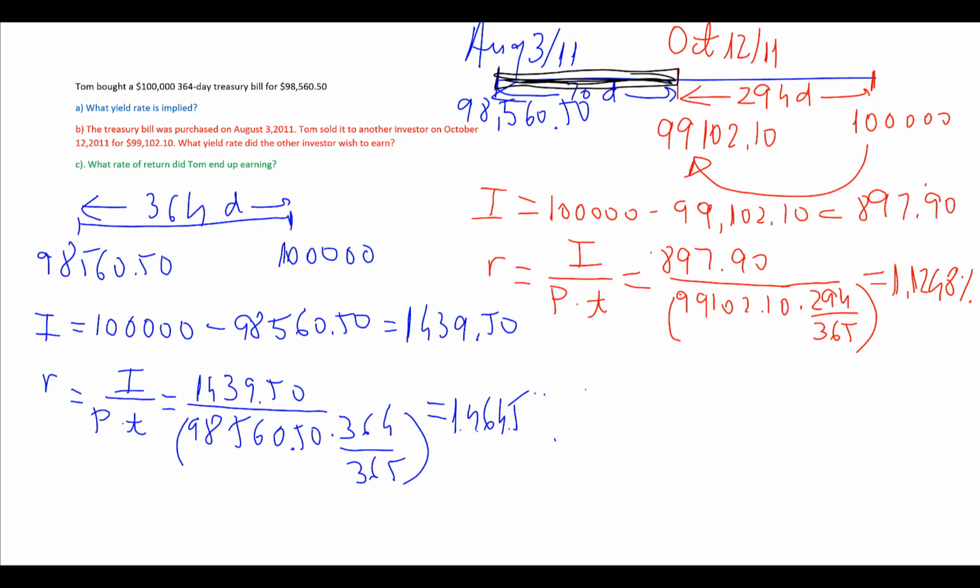He paid for this treasury bill $98,560.50, and he received, by selling to another investor, $99,102.10. So his overall return expressed in dollars will be the difference between how much he received and how much he paid.